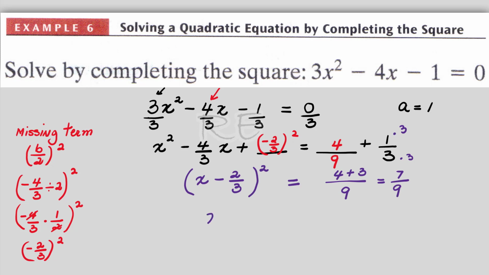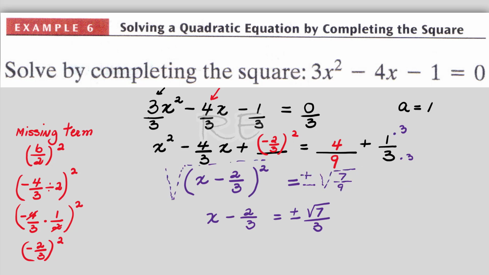Now we're going to take the square root of both sides. And the square root of the left side will be x minus 2/3. Plus or minus is equal to plus or minus square root of 7 over square root of 9, which is 3.